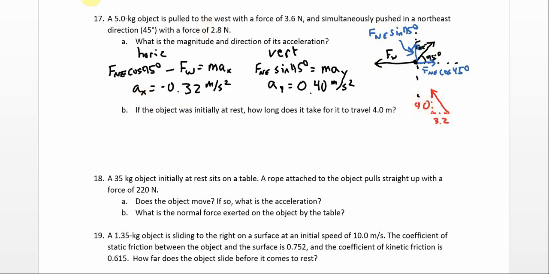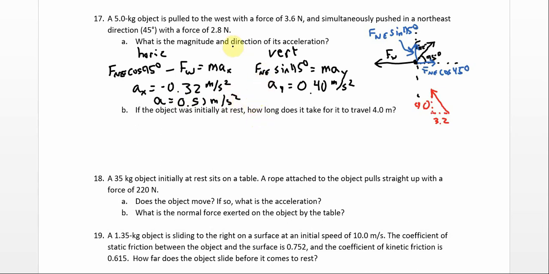So the magnitude of the acceleration will be the square root of this squared plus this squared. Again, just in the interest of space, I'll just write the answer. So I'm doing the 0.32 squared plus the 0.40 squared, and I'm getting like 0.51 meters per second squared.